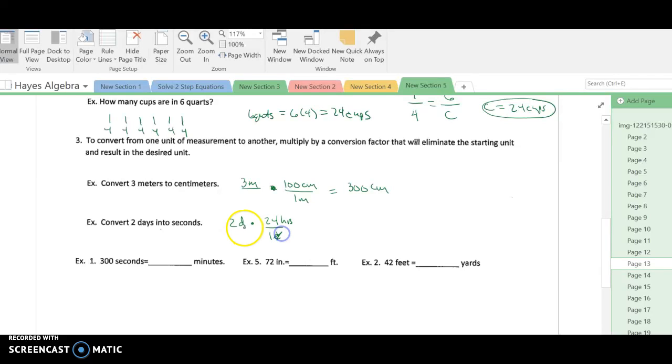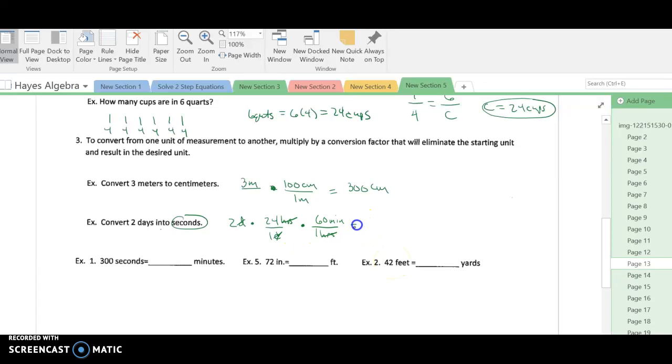Right now, I need these days to cancel out. Now, 2 times 24 would give us the number of hours, but we need seconds, right? So now, how do I cancel out the hours? 1 hour is equal to 60 minutes. If you look, hours cancel out here.